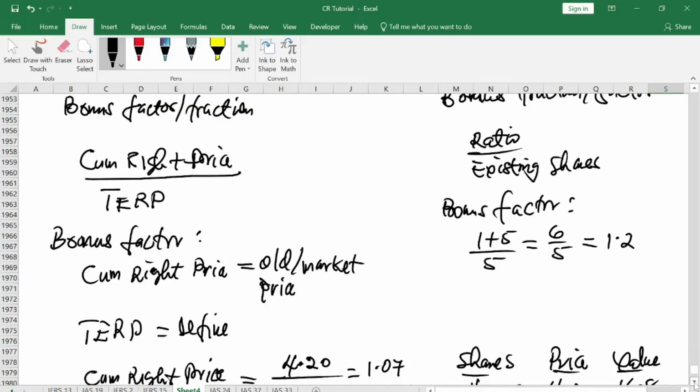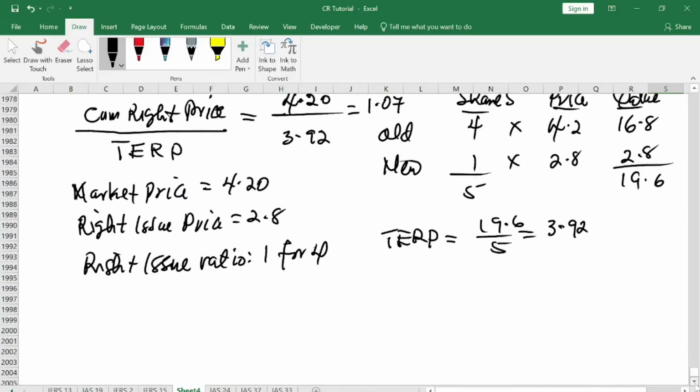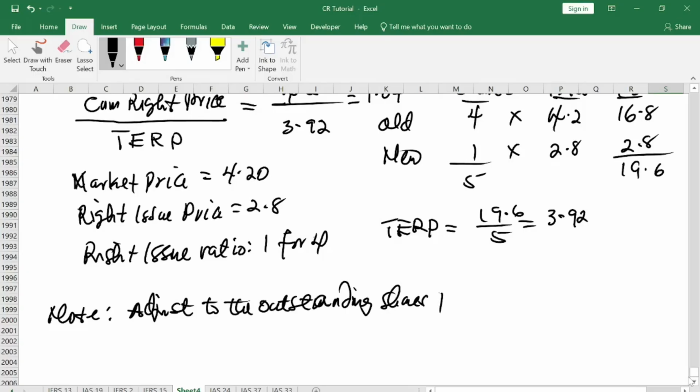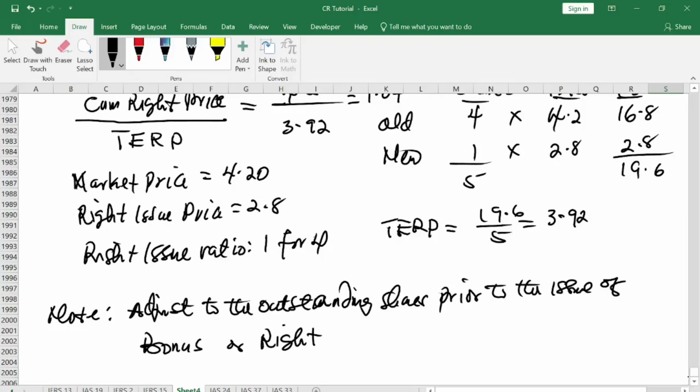Now take note that when you are doing that adjustment, you adjust the outstanding shares prior to the issue of the bonus or the right. So let us pick the bonus first. The bonus factor is 1.2.